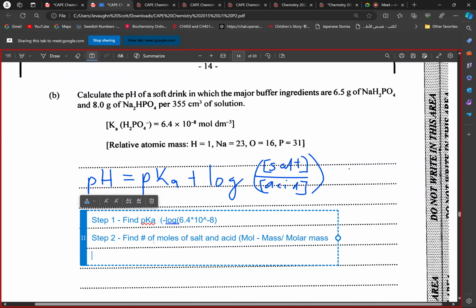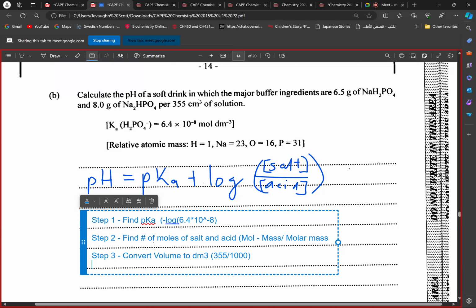Lovely. And then step 3, I would convert the volume given, which is 355 cm cubed, to dm cubed. How do you convert the volume to dm cubed? We take the 355 and divide by 1,000. Divide by 1,000. Yeah. Lovely.